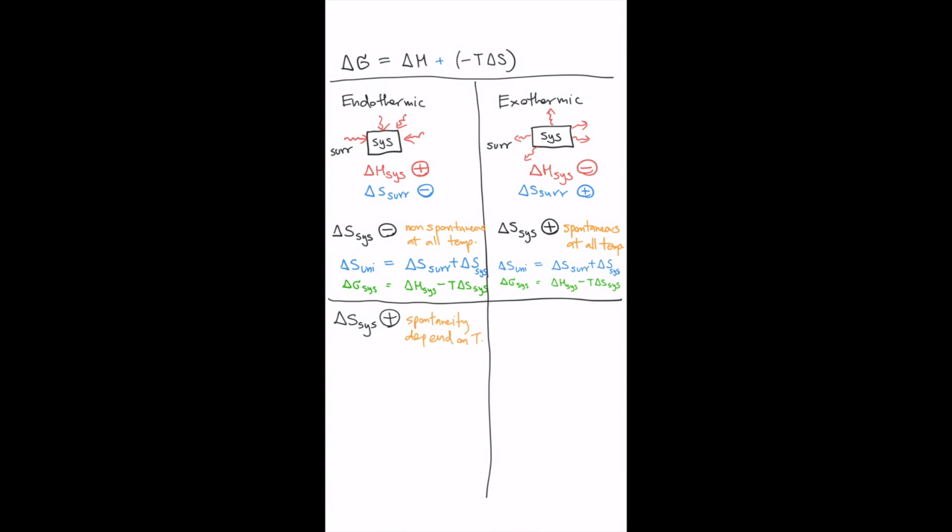When the spontaneity depends on temperature, you can either use these two equations to determine the relative size of delta S universe and delta G system, or you can use the Le Chatelier principle, which is a lot easier for predicting spontaneity. According to the Le Chatelier principle, the reaction will be at equilibrium where reactant will convert into product.